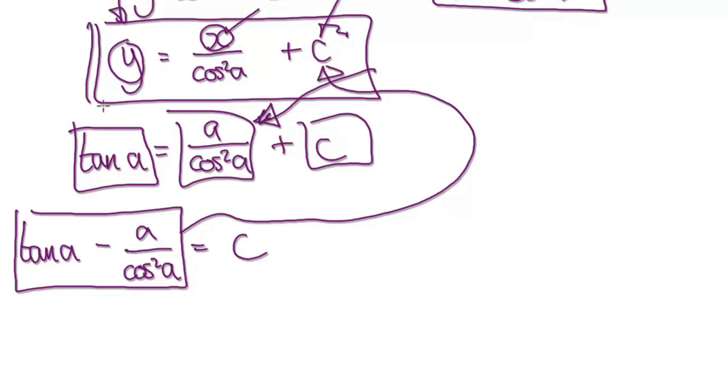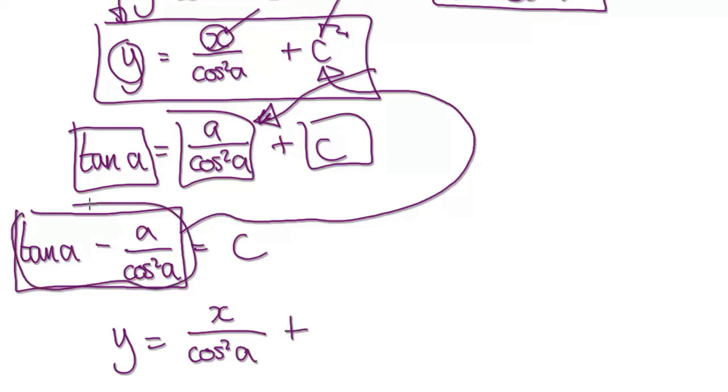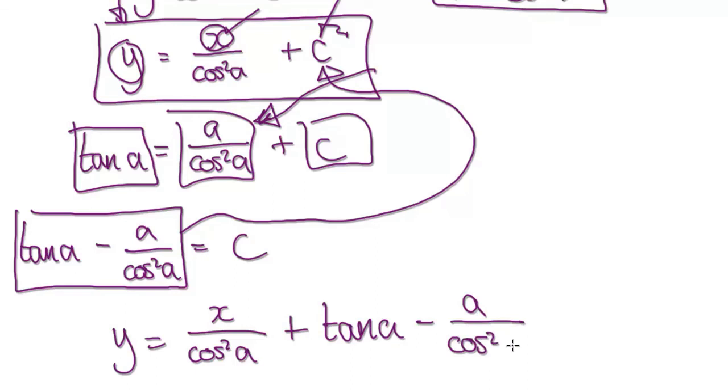So our equation will now become y equals x over cos squared a plus c. Well, c is this whole complicated thing here, so it would be tan a take away a over cos squared a. So this is the equation of our tangent line.